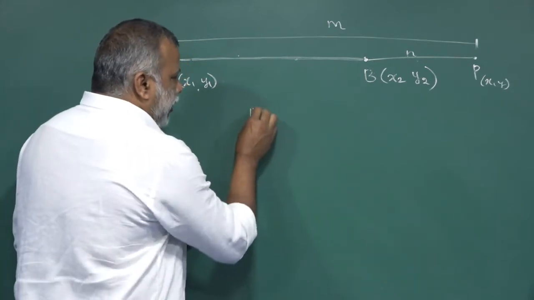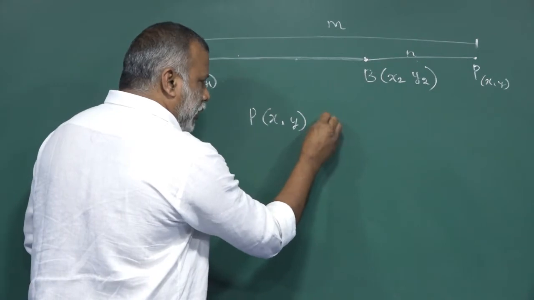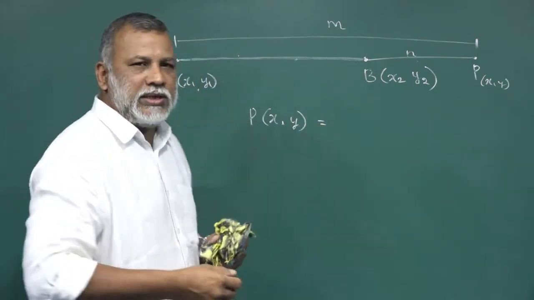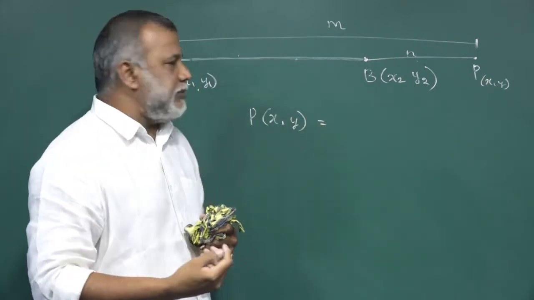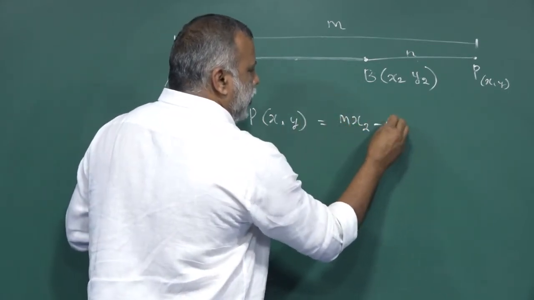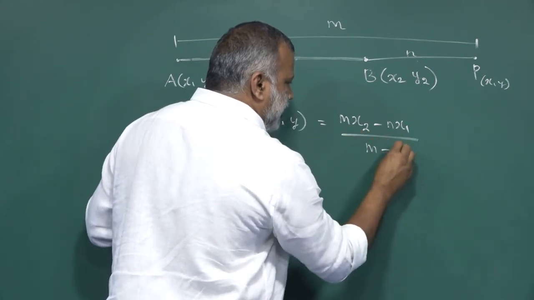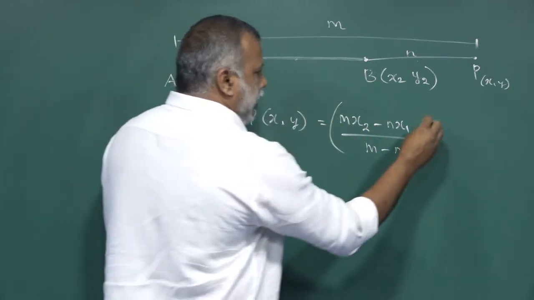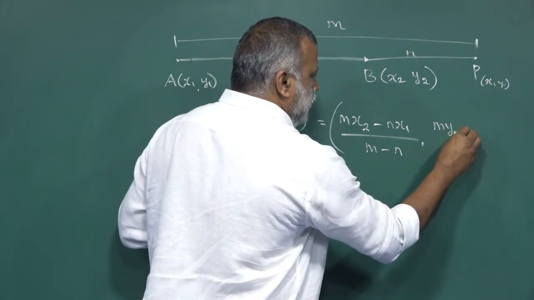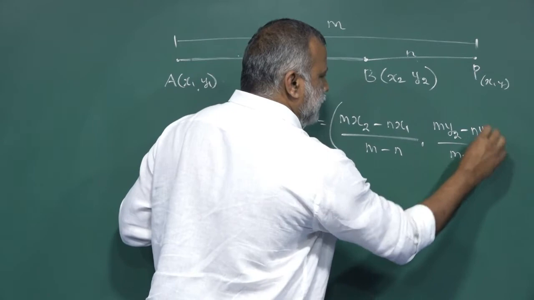Now what is the result? This formula for P of x, y is well known from your lower classes. In your 10th standard you used the same logic many times. The result here is mx2 minus nx1 divided by m minus n, and similarly my2 minus ny1 divided by m minus n.